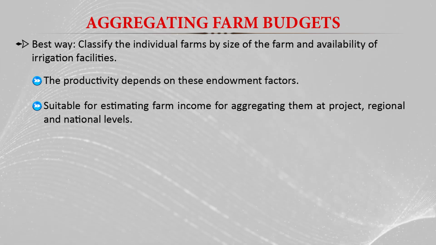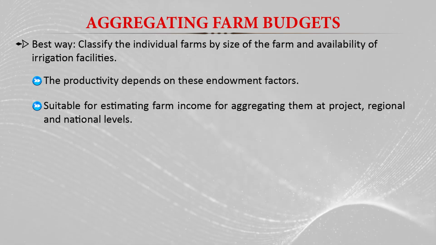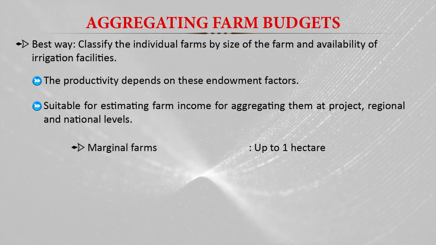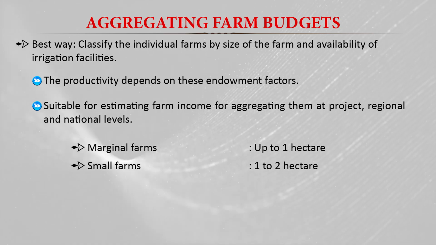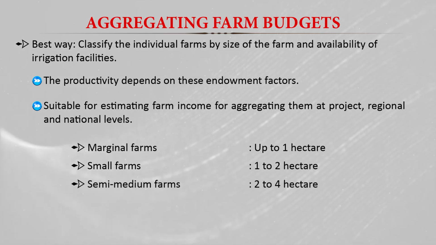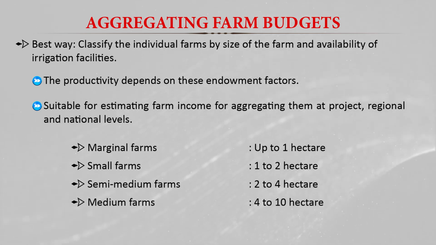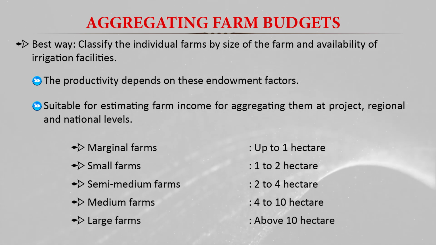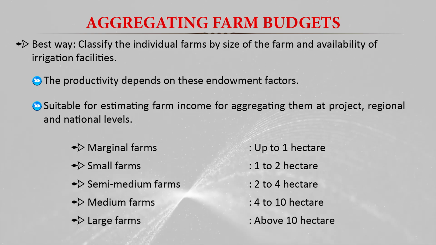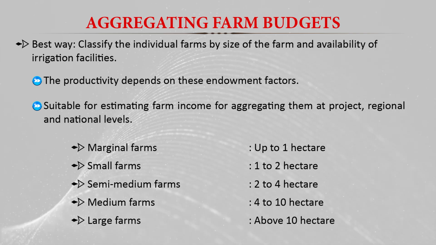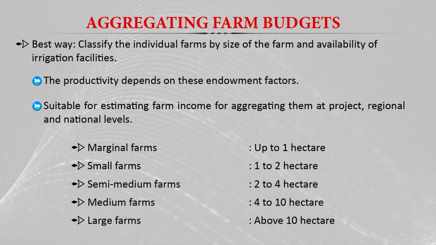We have the common classification of the land holding size: marginal farmers, which are up to 1 hectare, then small farmers 1 to 2 hectares, then semi-medium farms 2 to 4 hectares, medium farms 4 to 10 hectares, and large farms above 10 hectares. So this is the procedure to classify the different categories of farmers into these 5 groups.